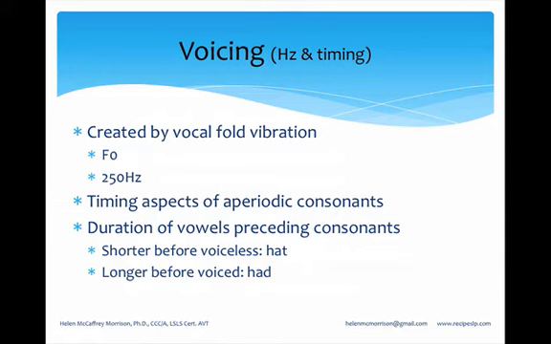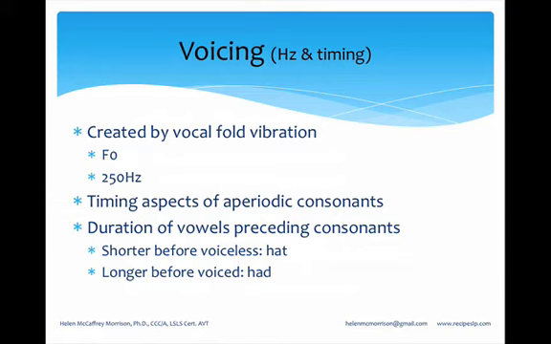Now we know that in general the creation of the voice occurs at the vocal folds through vocal fold vibration, and the approximate frequency range that we're assigning to the fundamental frequency of this vocal fold vibration is 250 hertz. It ranges from just below to just above 250 hertz depending upon the age and gender of the speaker. And that fundamental frequency is present in voiced consonants. We'll see it in voiced consonants.